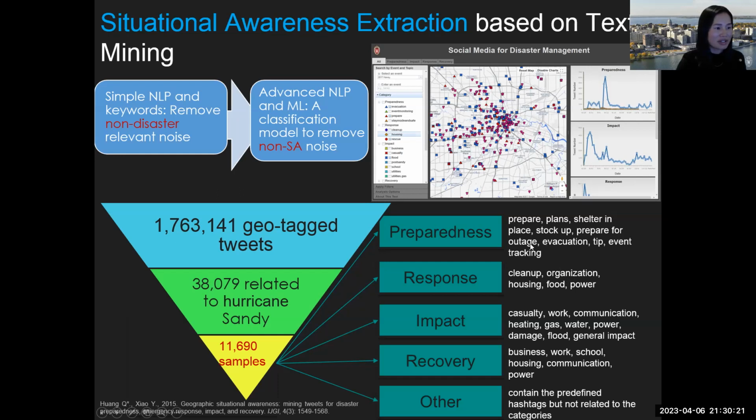All this information can potentially contribute to disaster management. We also developed a geospatial visualization portal, so we can visualize the messages posted on social media platforms of different categories for different disaster events, spatially and temporally.